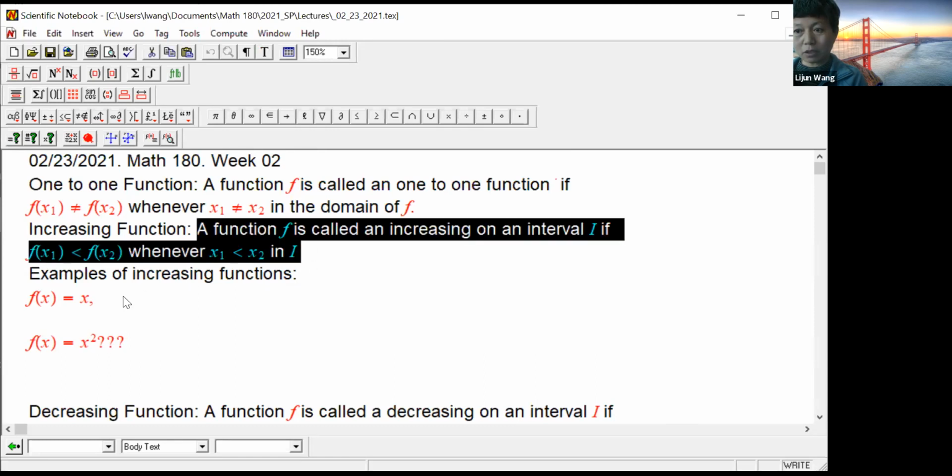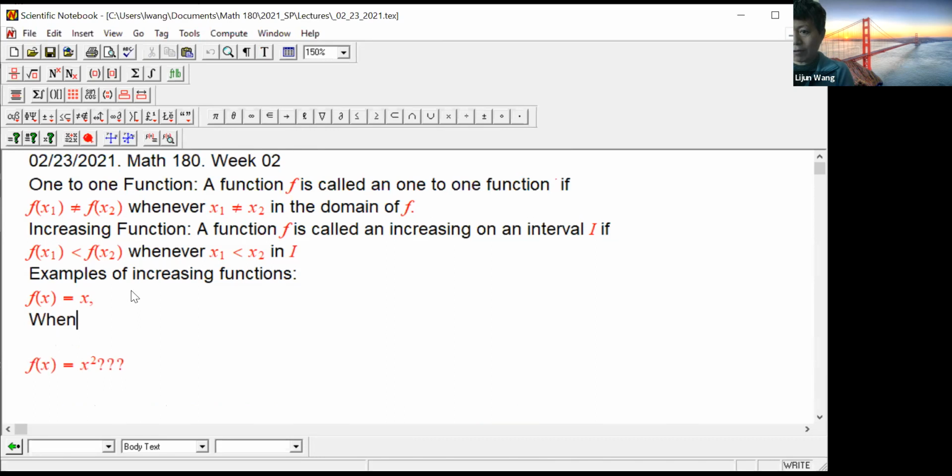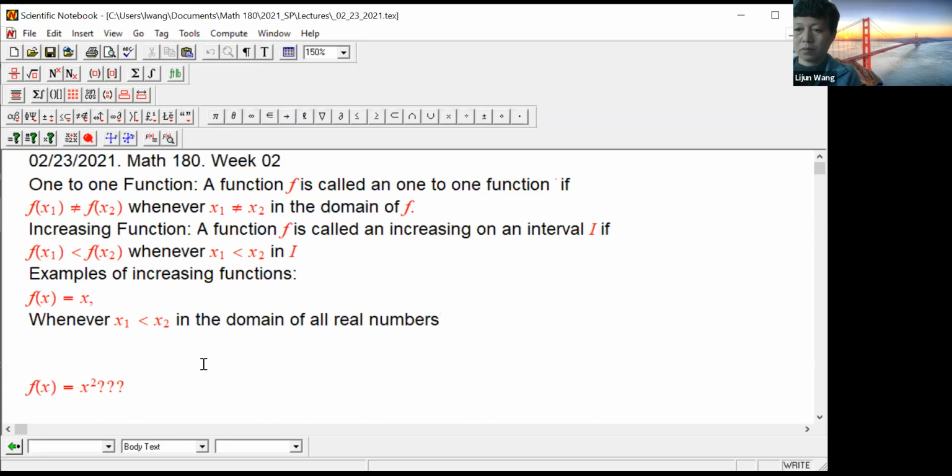So whenever x1 is less than x2, and this time it's in the entire domain, f of x1 indeed is less than f of x2 because the output is the same as input, isn't it?